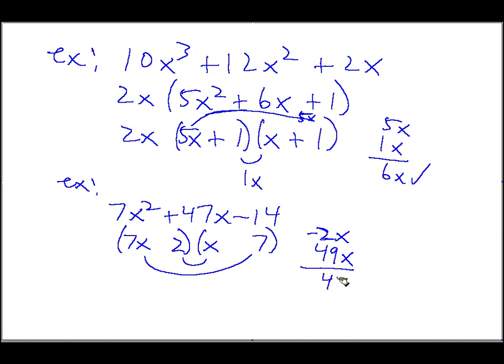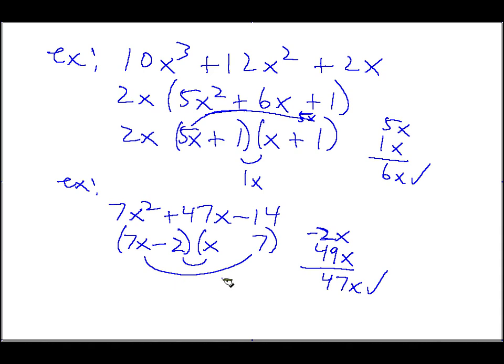Now that does give me positive 47x, which is what I want. So again, we look for the right combinations first before we play with the signs in trial and error. So how does this work then? Well, I want to get negative 2x now. So where's my 2x? Here's the 2x term. I want that to be negative, so minus. I want the 49x to be positive.